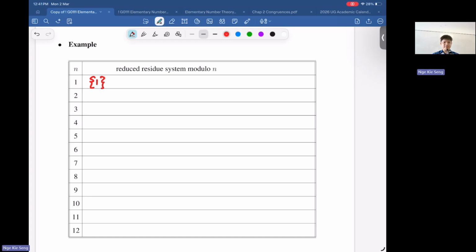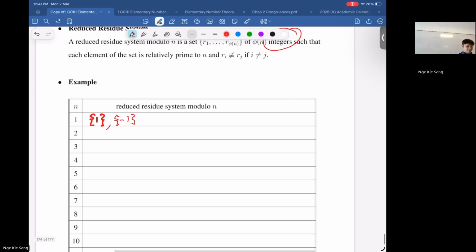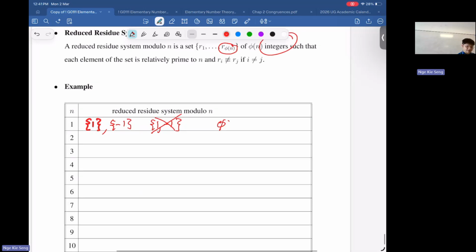Can I pick -1? Such an evil question. I think I can pick -1 as well, because I only care about integers. But then I cannot pick both 1 and -1, because I only have phi n of them, and phi 1 is 1, right?